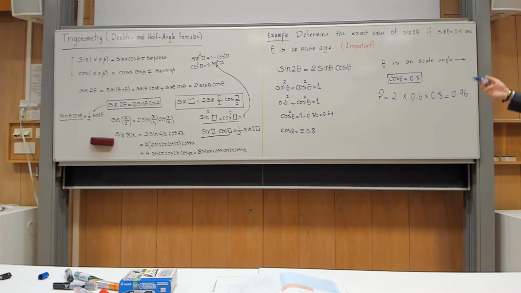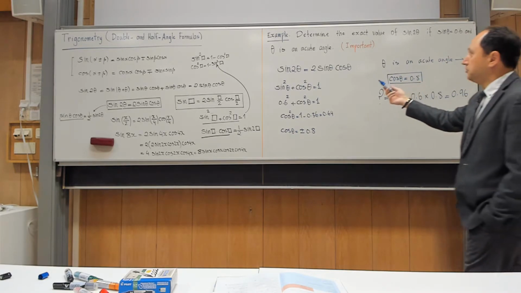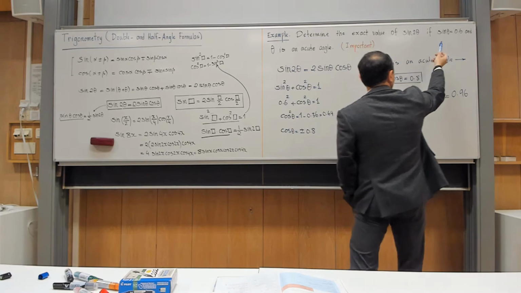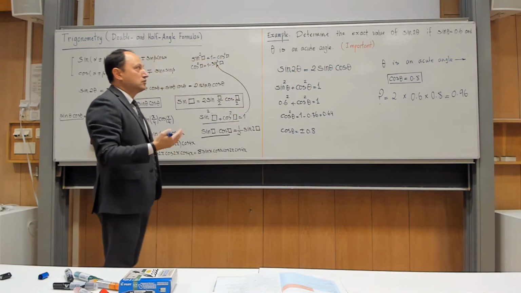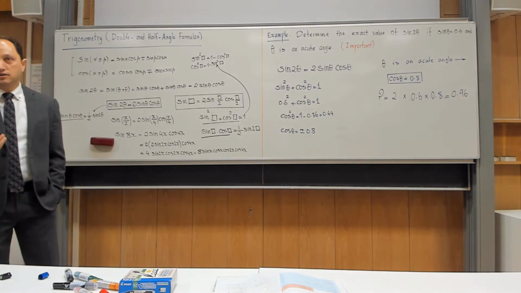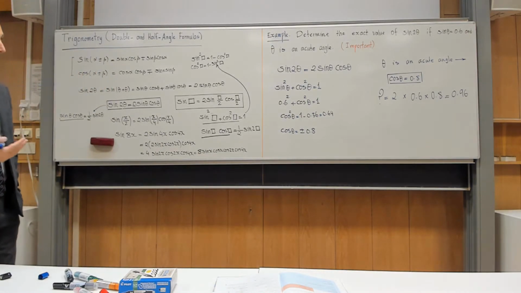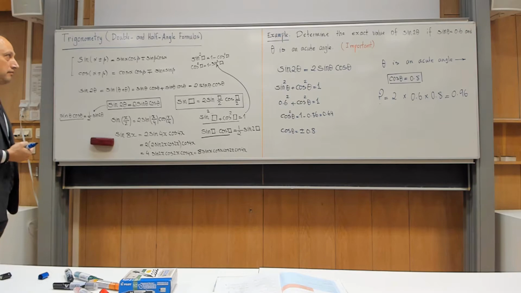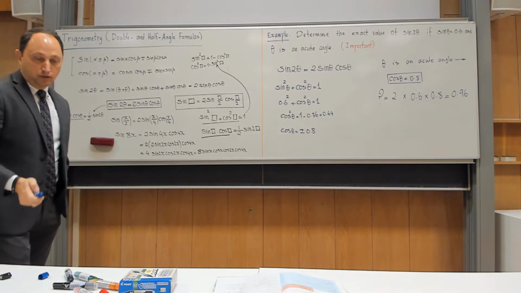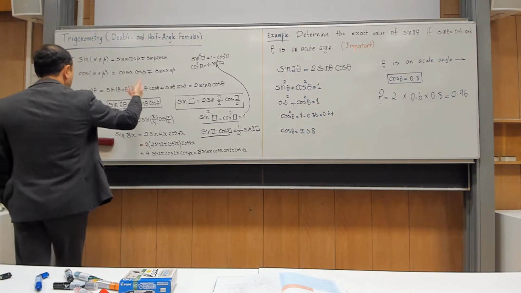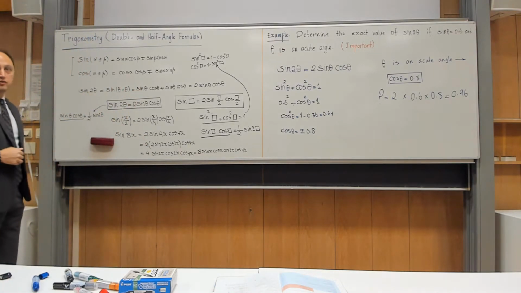This is a simple but a very typical example. So one piece of information is given to you, another sine or cosine is wanted, or tangent. You should be able to calculate these things easily. Any questions?